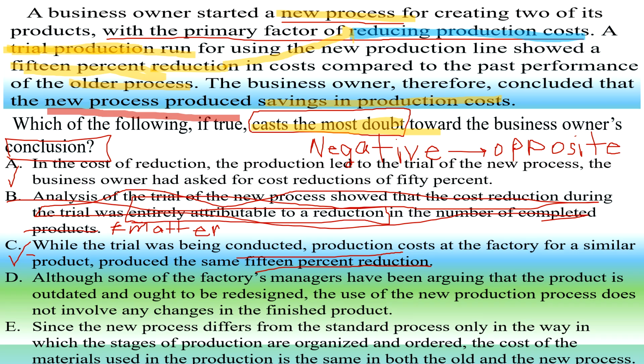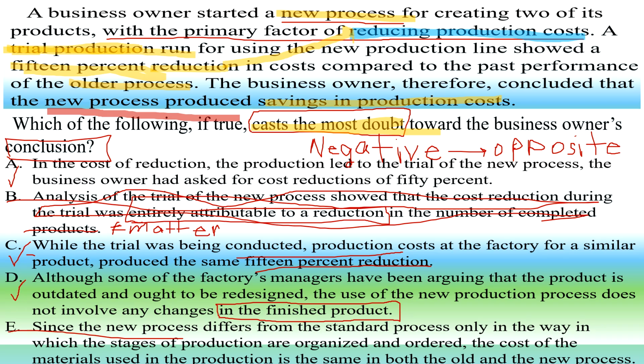Although some of the factory's managers have been arguing that the product is outdated and ought to be redesigned, the use of the new production process does not involve any changes in the finished product. Okay, here's a check. Since the new process differs from the standard process only in the way in which the stages of production are organized, in other words, the cost of the new materials used in the production is the same in both the old and new process.